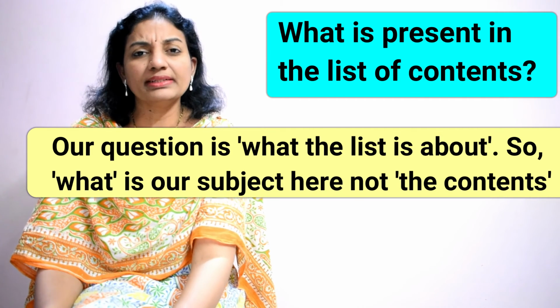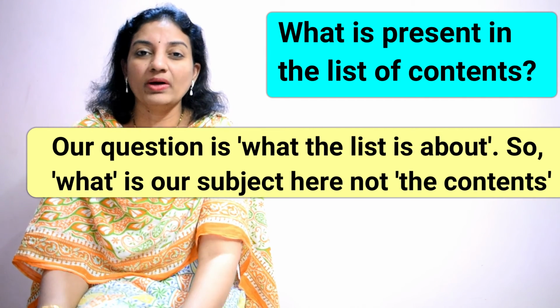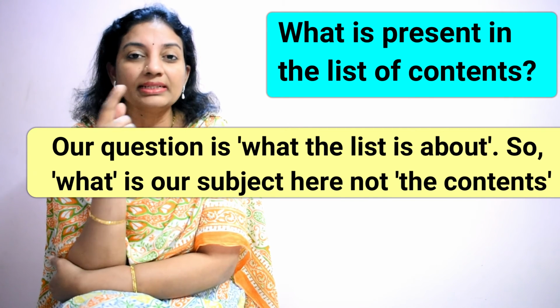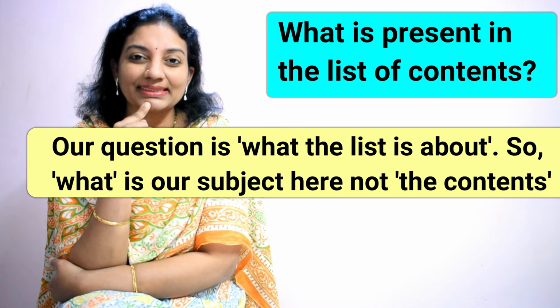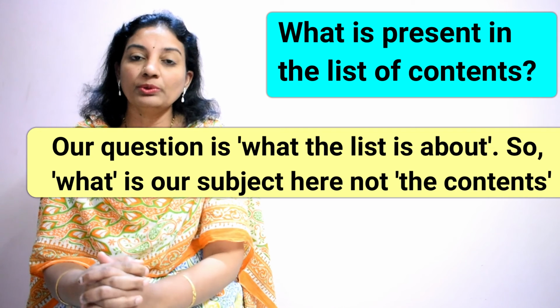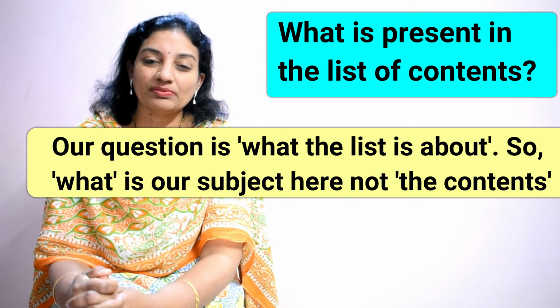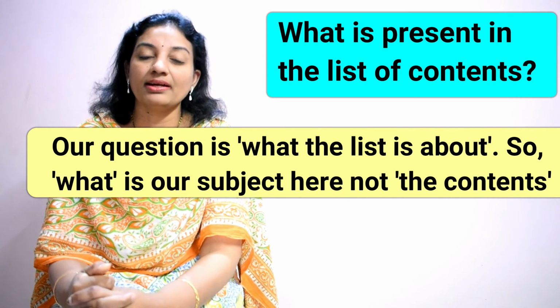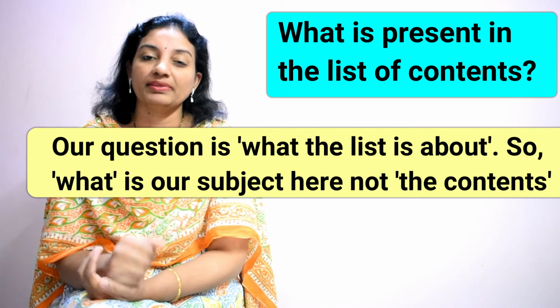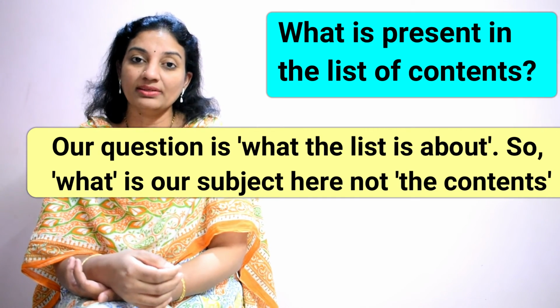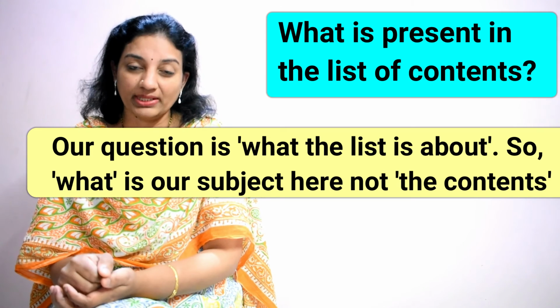They get confused about the list of the contents. Why is is used over here? List of the contents is plural, right? No, here we want to know the thing. What is present in the list of the contents? We are referring to each one of the items in the list, not all items at once.